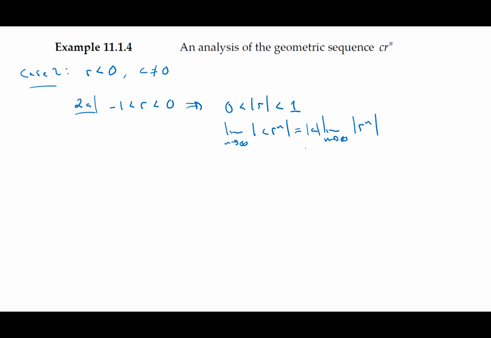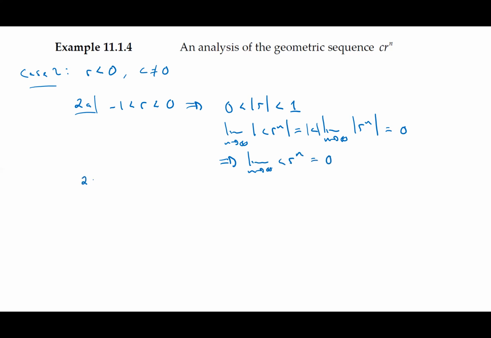Right, so we get 0. Well, if the absolute value is 0, then we know by theorem, I forgot the number, that the sequence itself converges to 0.